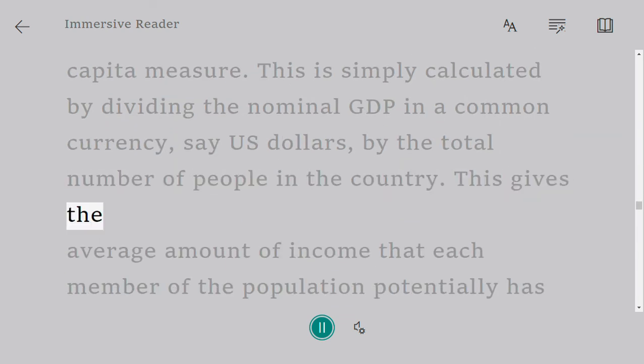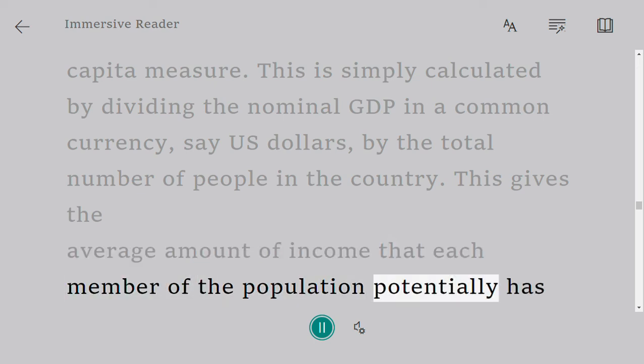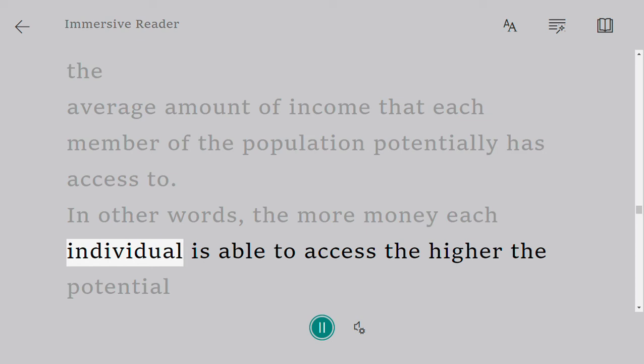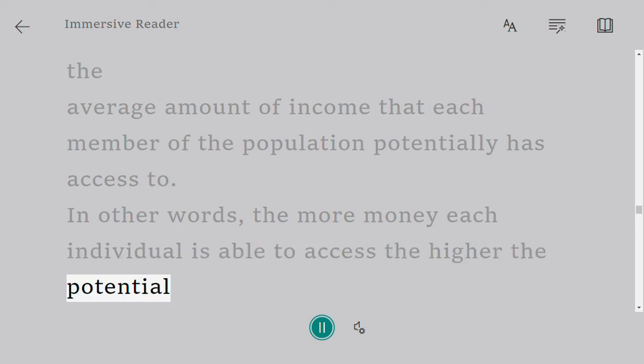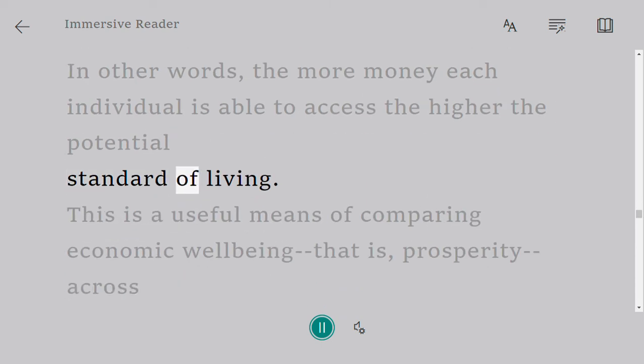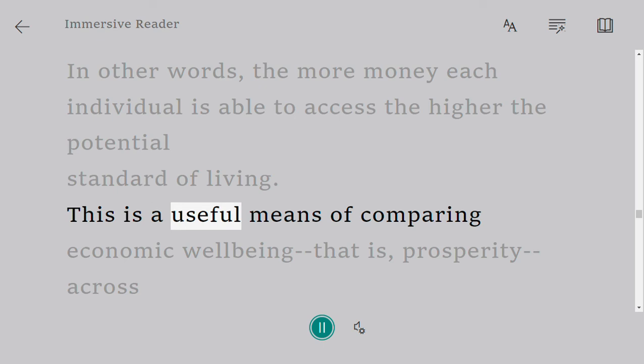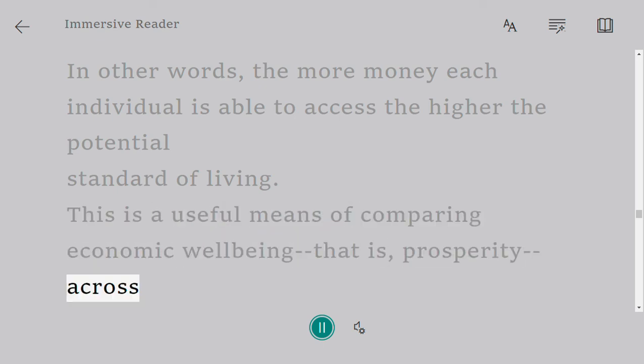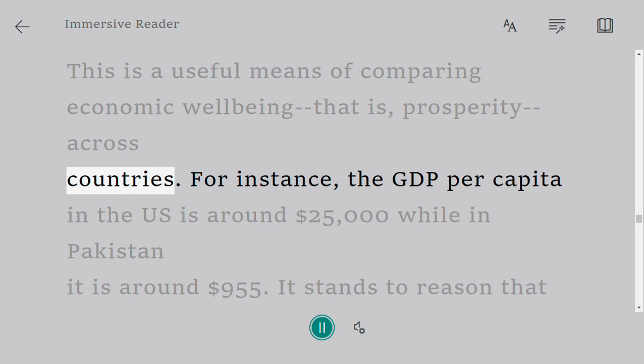This gives the average amount of income that each member of the population potentially has access to. In other words, the more money each individual is able to access, the higher the potential standard of living. This is a useful means of comparing economic well-being, that is, prosperity across countries.